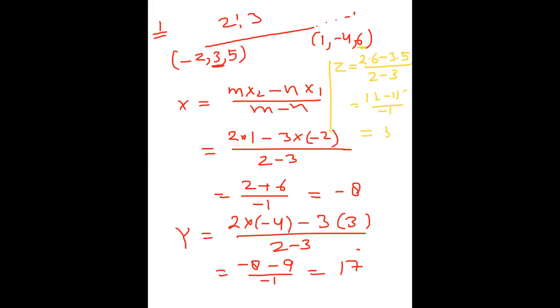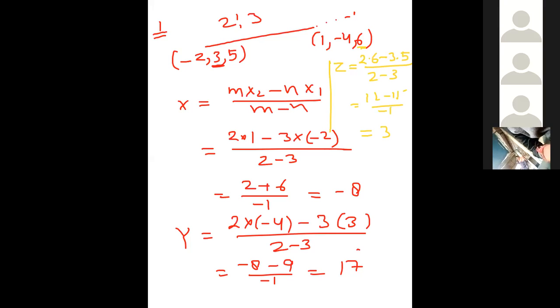So it will become 3. So the values of x, y, z are with us. These are minus 8, 17, 3. These are the values of the coordinates when external intersection is there.